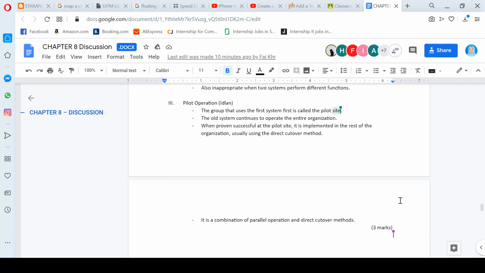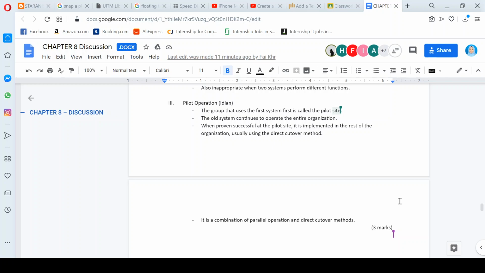So kita akan bagi uFuture tu akan start digunakan pada satu kampus saja. Contohnya pelajar yang ada di kampus Segamat, dia akan menggunakan uFuture. So bila sistem tu telah stable and then all the students give a positive feedback, baru kita akan deploy kepada semua kampus, maksudnya 12 kampus yang lain.